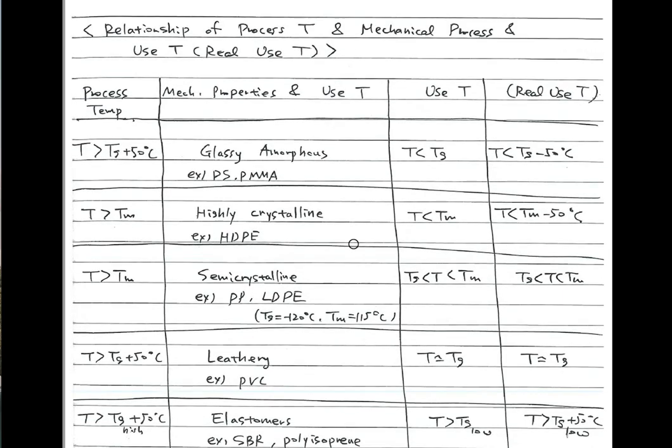And here is a summary of different kinds of polymers and their thermal properties, their process and use temperature. Let's first consider glassy or amorphous polymers such as polystyrene and PMMA. The processing temperature is at least 50 degrees higher than the glass transition temperature, because at this temperature the polymer can be in the liquid state.